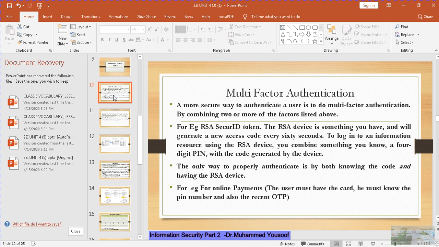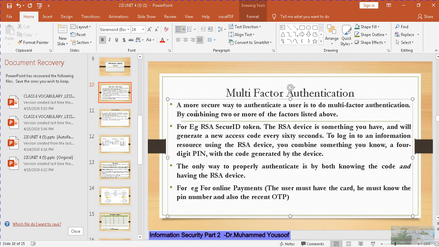Number 1, the first one is called multi-factor authentication. See, what is multi-factor authentication? Multi-factor authentication means combining two or more factors. You already know that there are many factors by which we can authenticate, like using biometrics, using a password.